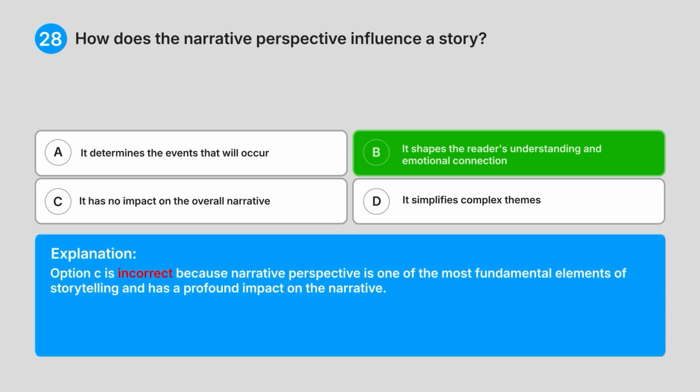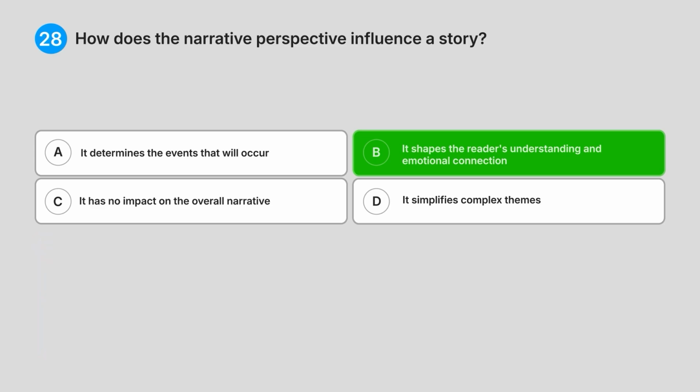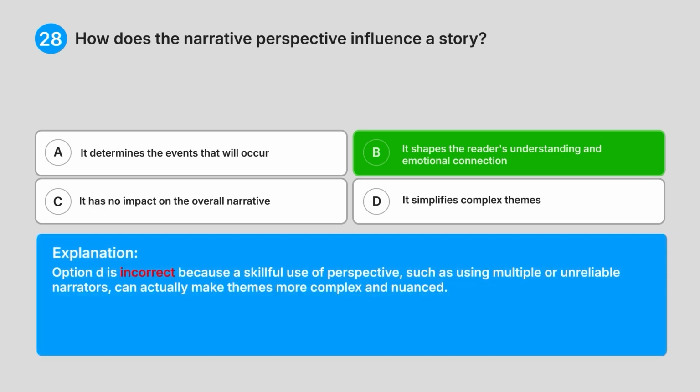Option C is incorrect because narrative perspective is one of the most fundamental elements of storytelling and has a profound impact on the narrative. Option D is incorrect because a skillful use of perspective, such as using multiple or unreliable narrators, can actually make themes more complex and nuanced.